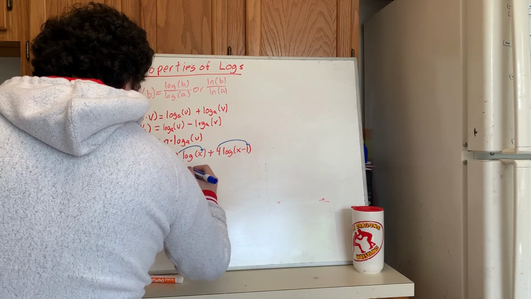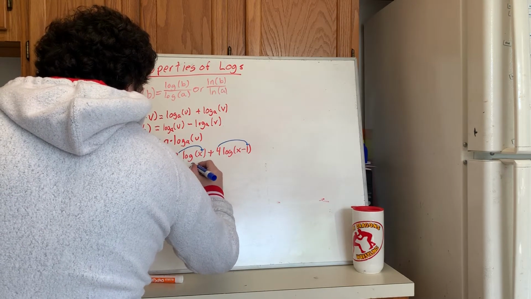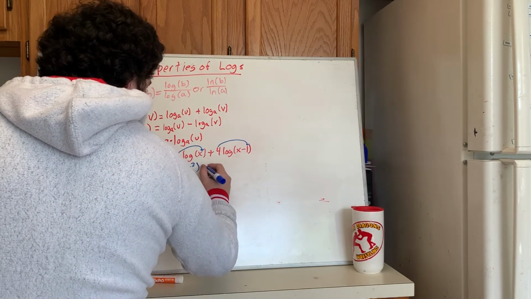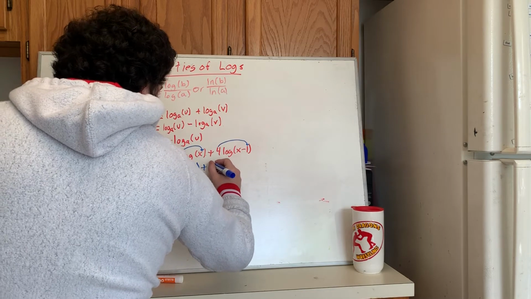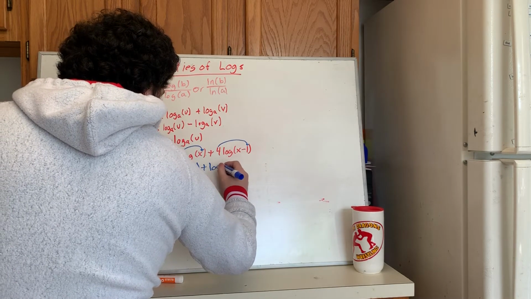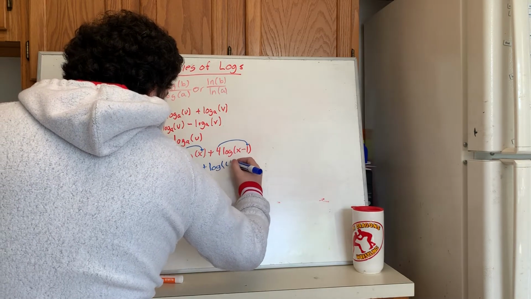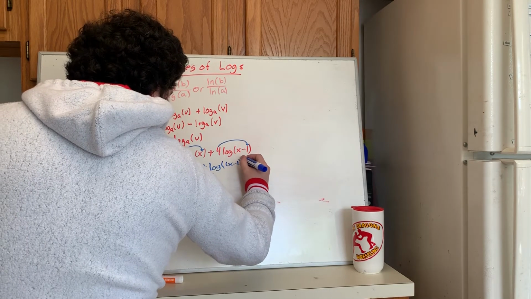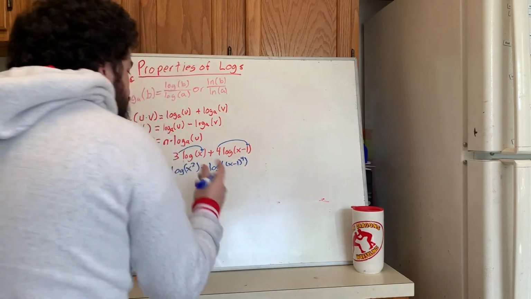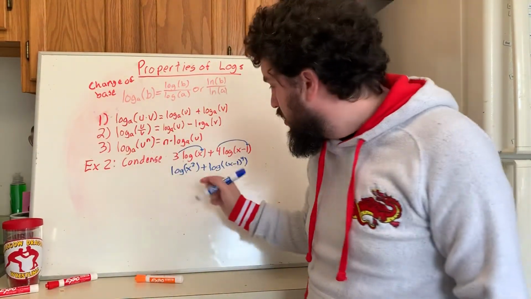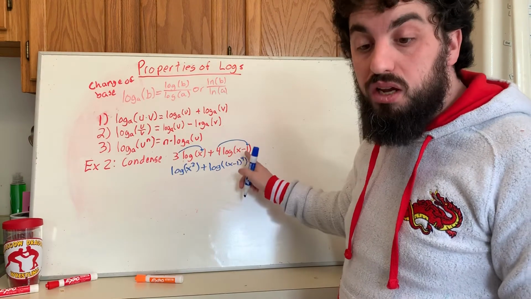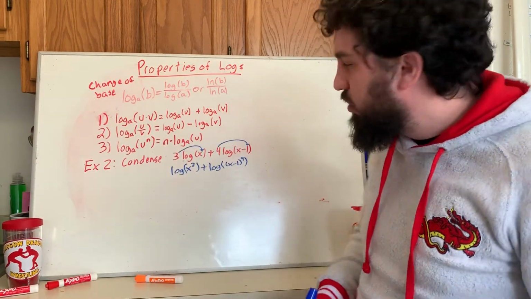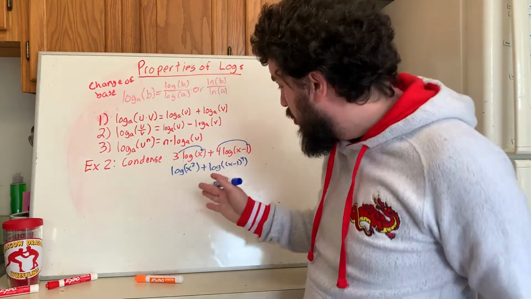So I will have the log of the quantity x cubed, plus now the log of, I'm going to put this in a double set of parentheses, x minus 1 to the 4th, just to indicate the entire x minus 1 is to the 4th power. I'm not trying to do the 4th power of the log.